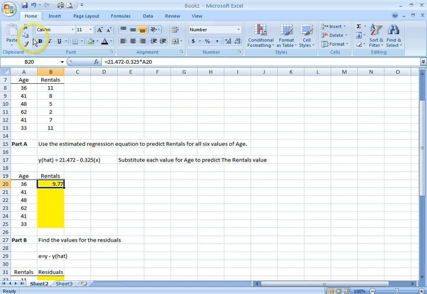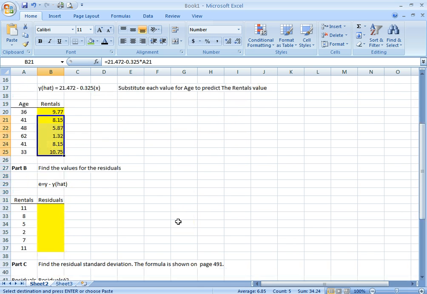Now all we need to do is copy and paste, and we can get the solution to each one of our ages. So we have y hat, or our predicted rentals value, for each age group there.